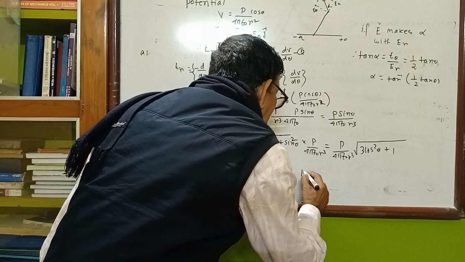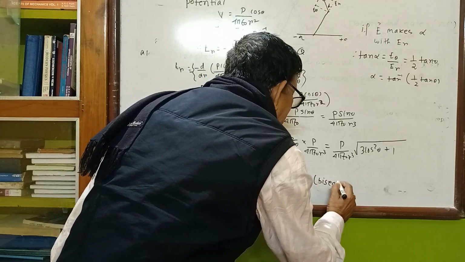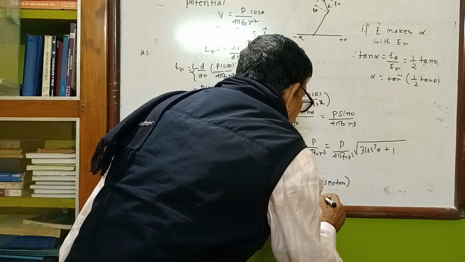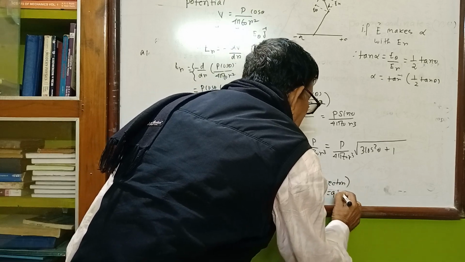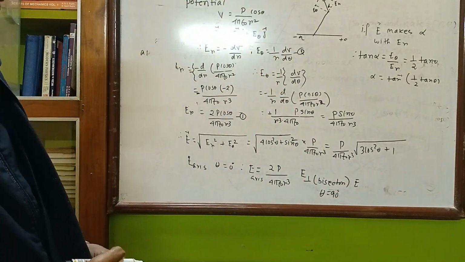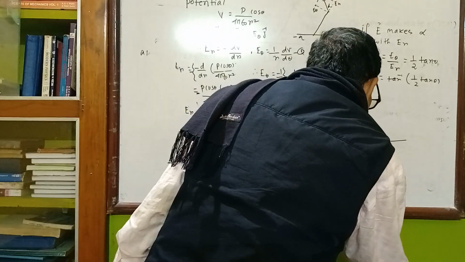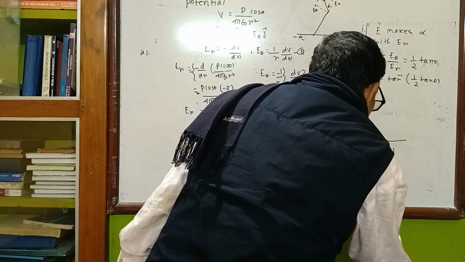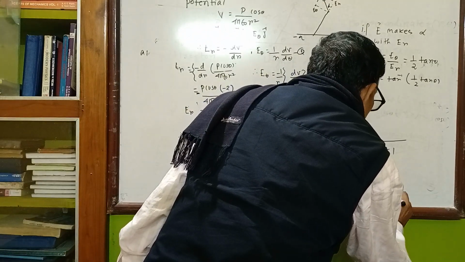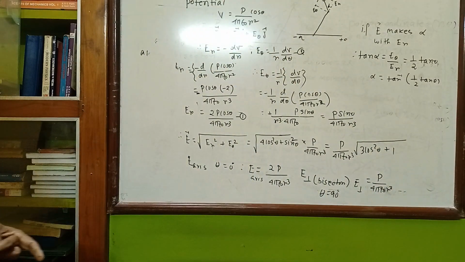Case 2: E on the perpendicular bisector, theta equals 90 degree, then E perpendicular bisector will be p by 4 pi epsilon naught r cube. So it is clear, I think.